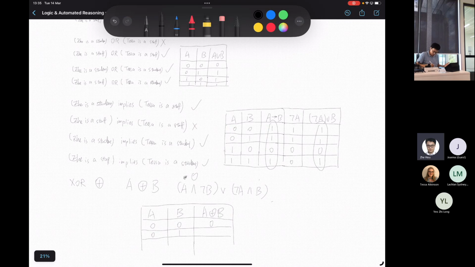But B is true, and A is false. Right, so if A is false, then not A is true. Right, and true and true, you get true. Right, so the right-hand side is true. Now, because they're connected by an OR, then the result is true. Okay, then the result is true.